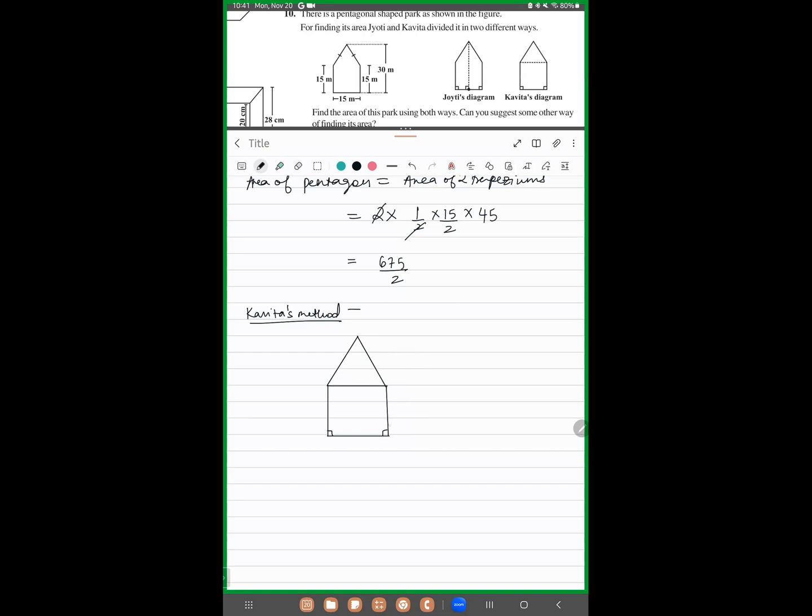So this is a square. This is a triangle. And this is again a square, from here to here it is 15 meters. From here to here it is 15 meters. So this is a square. But the triangle, can you tell me what is the area of a triangle?